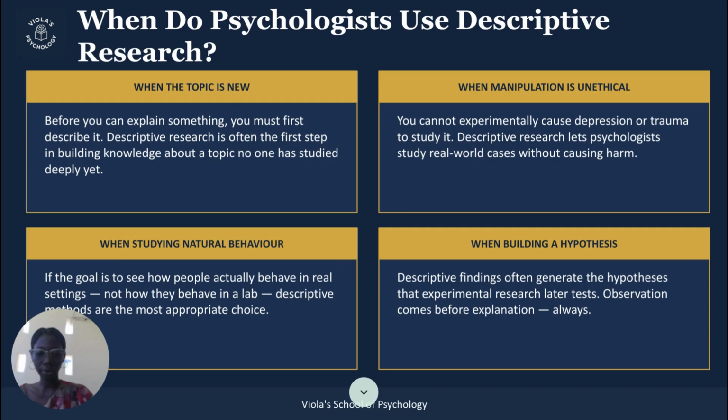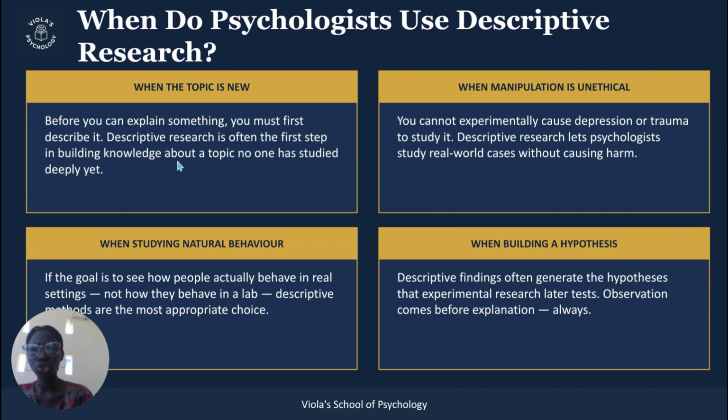Okay, so when do you know when to use descriptive research as a tool? Well, I have 4 situations where descriptive research would be the right choice. Okay, so when the topic is new, when you've identified a particular research problem, right?